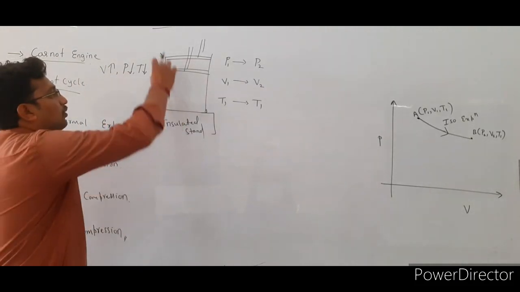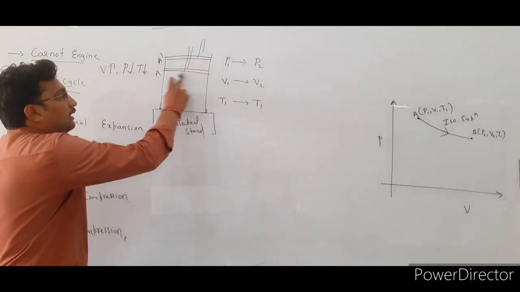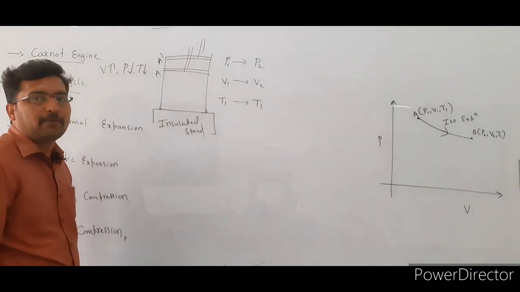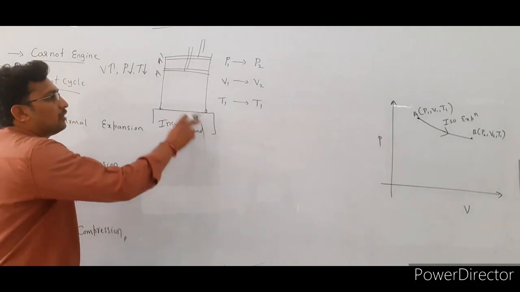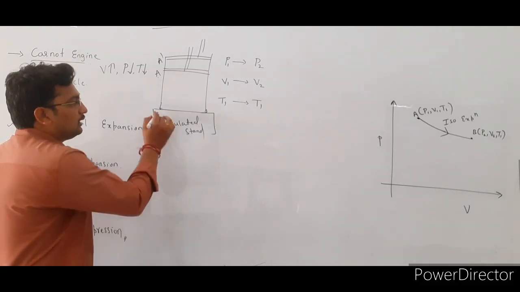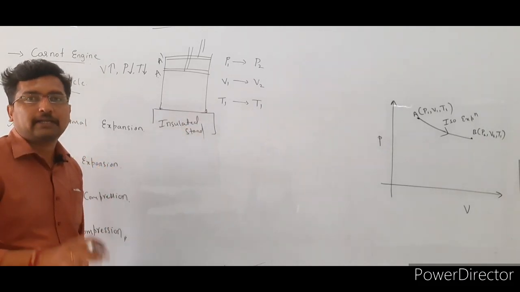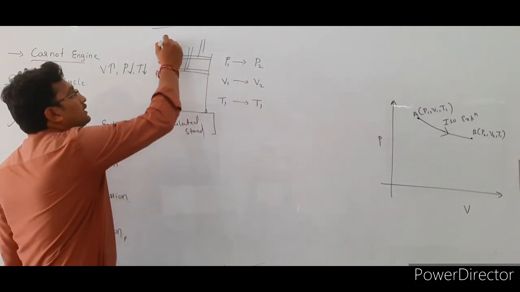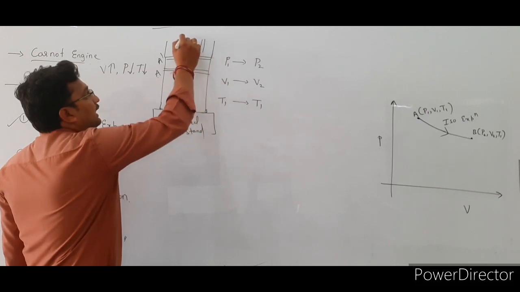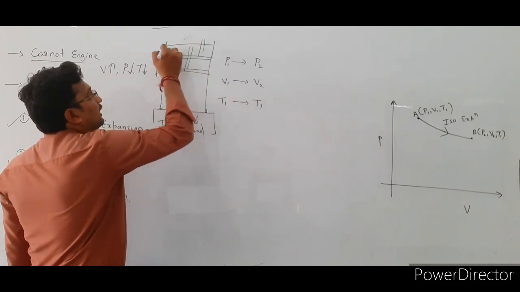In this case, the wall of the cylinder is made up of a purely bad conductor of heat, and the piston is also made up of a purely bad conductor of heat. Now we place this cylinder on the insulated stand, which means the base is also made up of a purely bad conductor of heat. After that, we allow this gas to expand adiabatically.